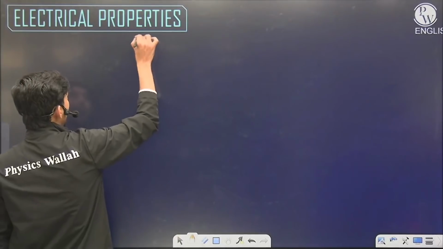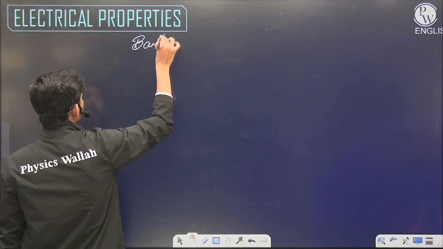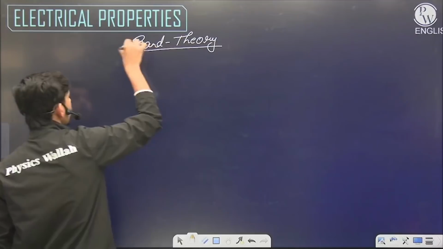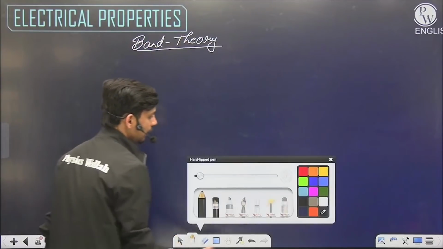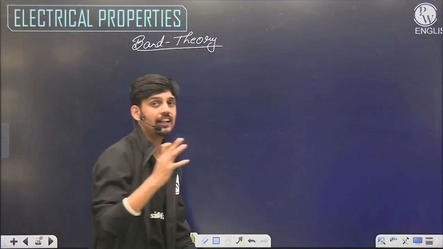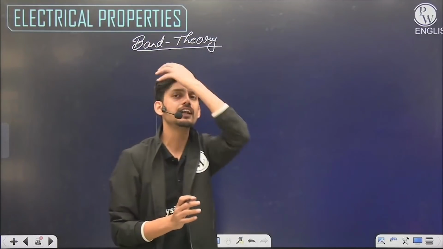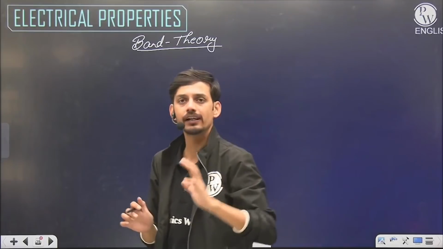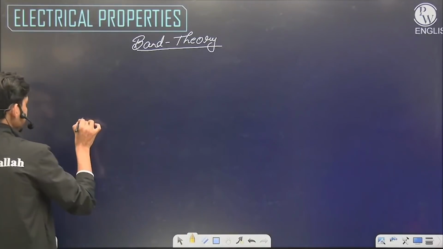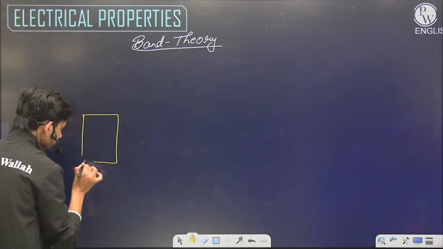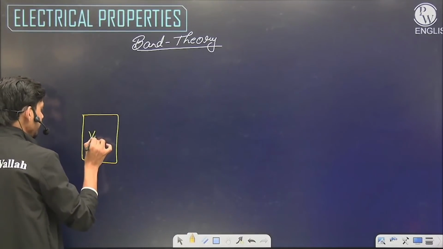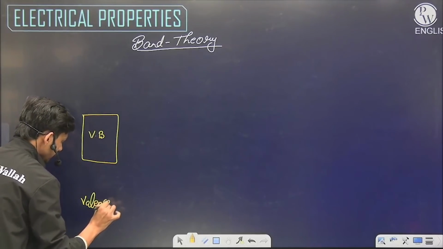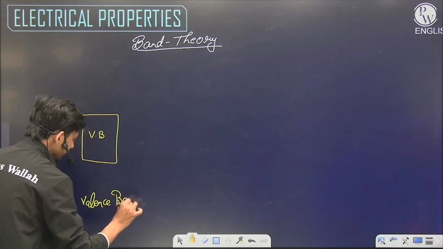So we use band theory in order to explain conductors, semiconductors and insulators. A band is basically a collection of energy levels of electrons in various shells, subshells, orbitals. We have two types of band: one is called the valence band, and another is called the conduction band.